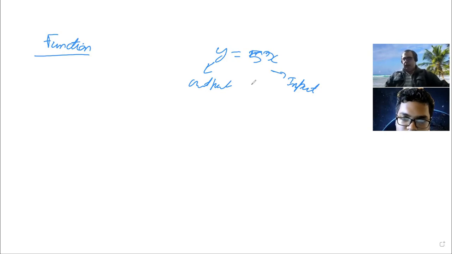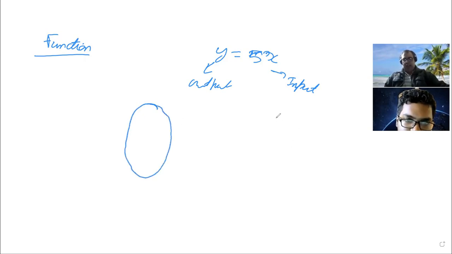For example, when we do the mapping of a function, all the inputs are kept on the left hand side, and all the outputs are kept on the right hand side. Suppose this ellipse belongs to input and this ellipse belongs to output.